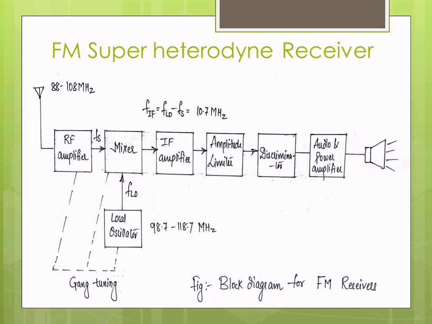But due to noise, sometimes the amplitude of the carrier wave can vary. To limit that, we use an amplitude limiter to make the amplitude of the modulated carrier wave constant. That is an extra block in the FM superheterodyne receiver compared to the AM superheterodyne receiver.